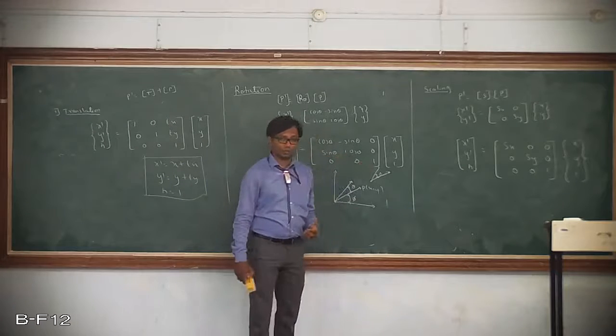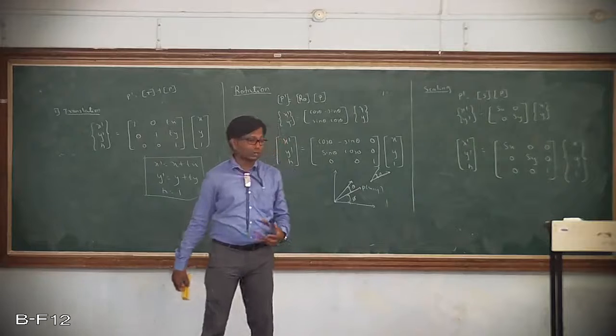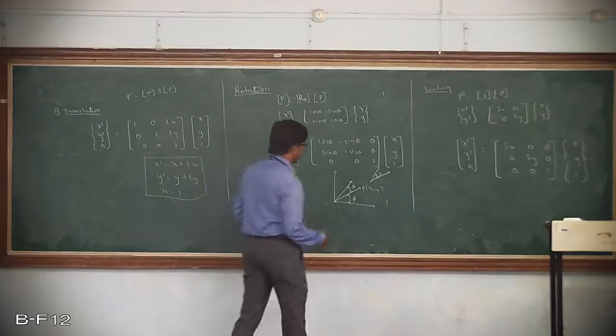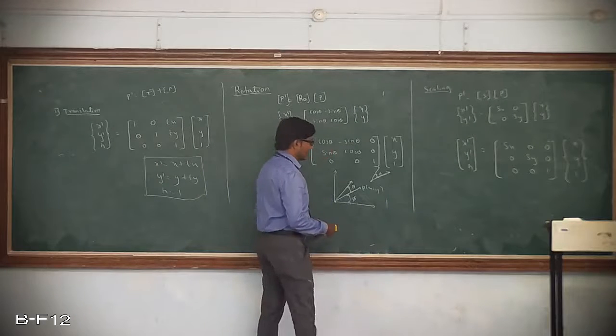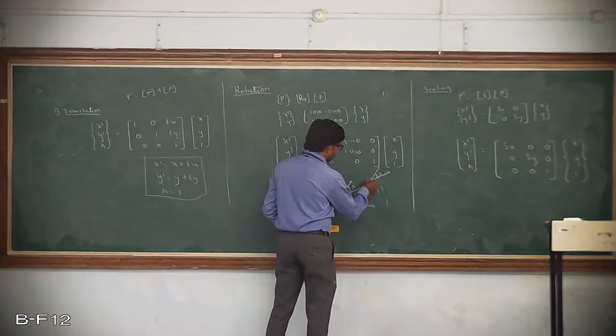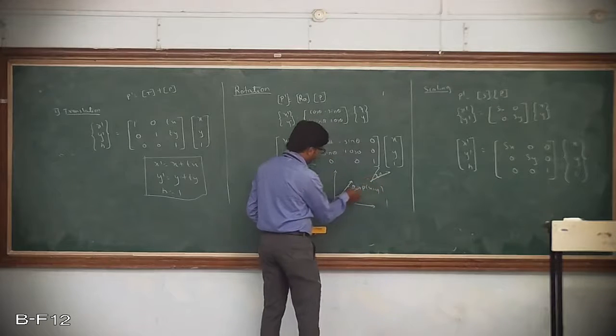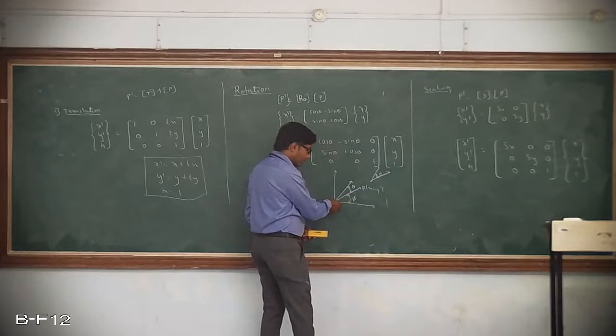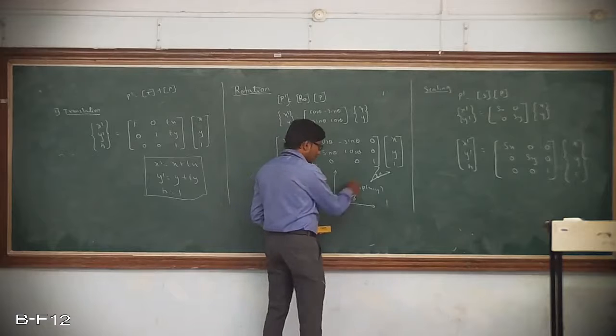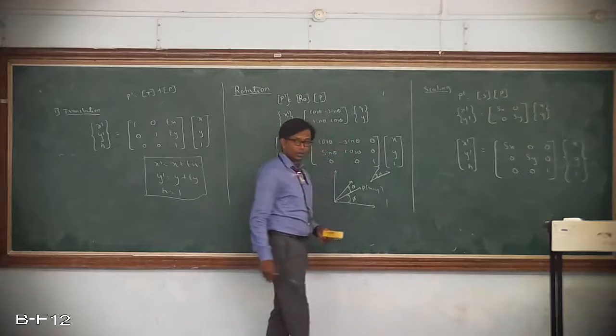Okay, in that case what we need to do, we'll be dealing with that in the next class. As we have generated the equation from the origin, the first point has to be brought to the origin, it has to be rotated, then it has to be sent back to the original point.